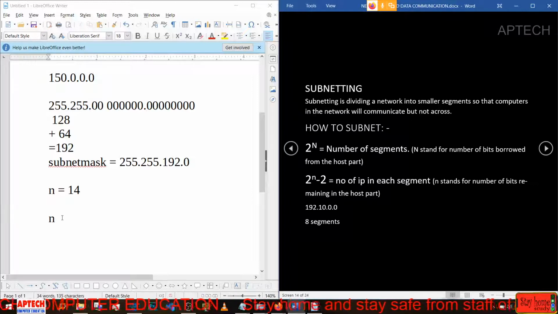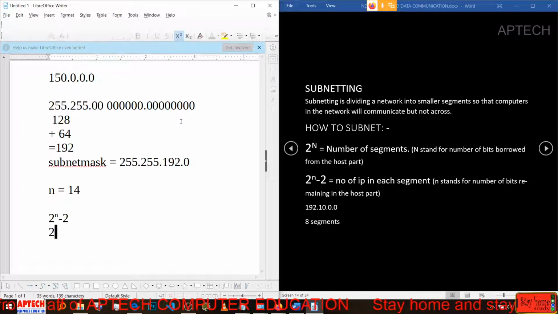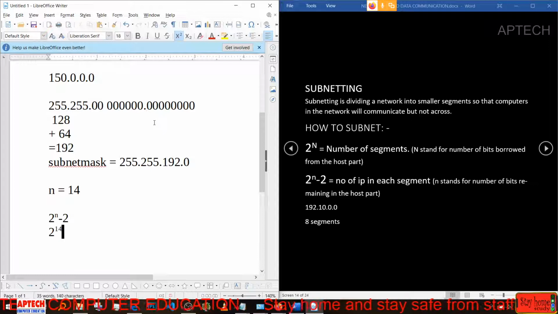So 2 to the power small n minus 2. So 2 to the power 14 minus 2. So what's the answer?